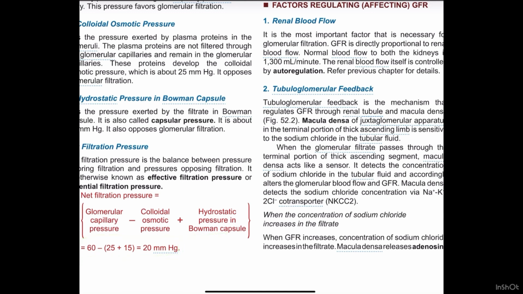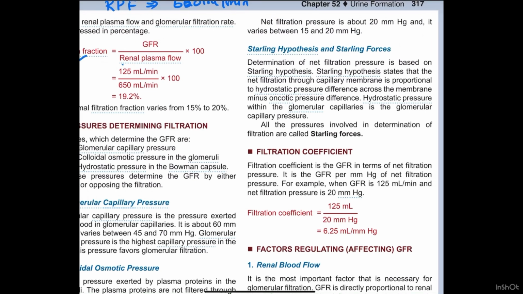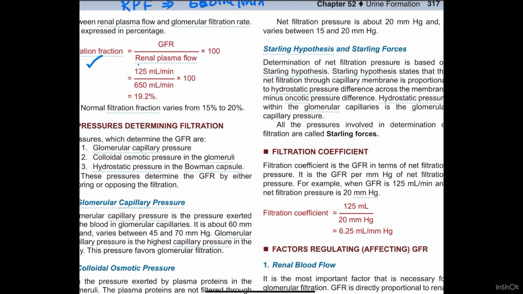Okay, in the NCERT of plus 2, 10 mm of Hg is given. In the medical book, it is given as 20 mm of Hg. Once you check this out, the net filtration pressure will be 20 mm of Hg, and it may vary from 15 to 20 mm of Hg.